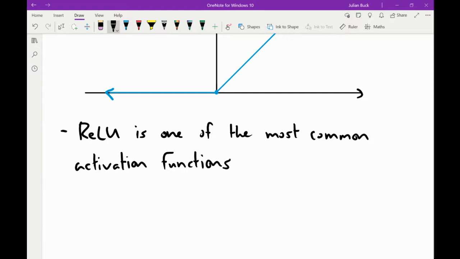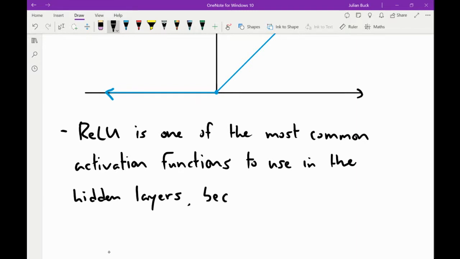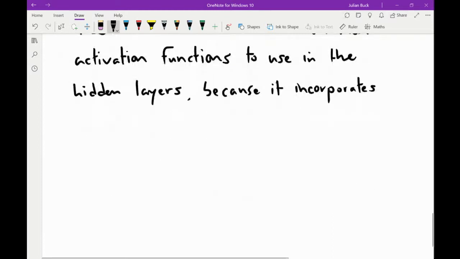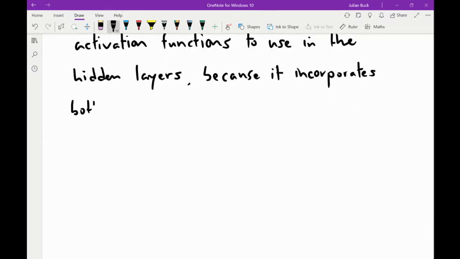To use in the hidden layers. And that's because it incorporates both a fire, don't fire component.